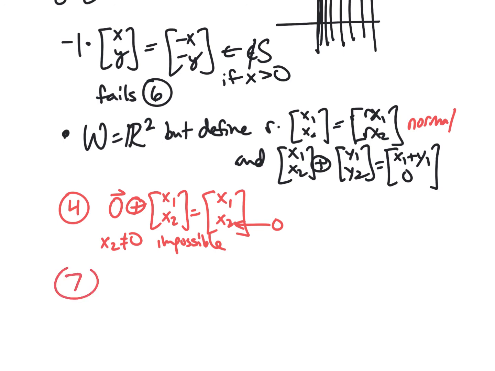So this would be the 7th axiom, right? This says that (r plus s) times some vector is r times the vector plus s times the vector.